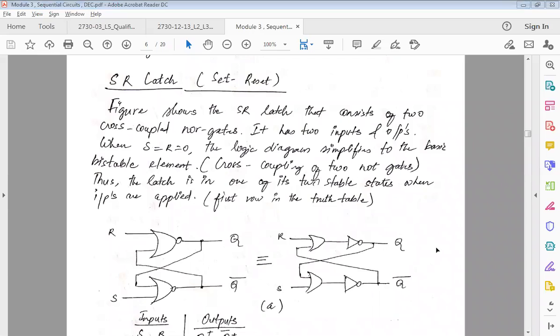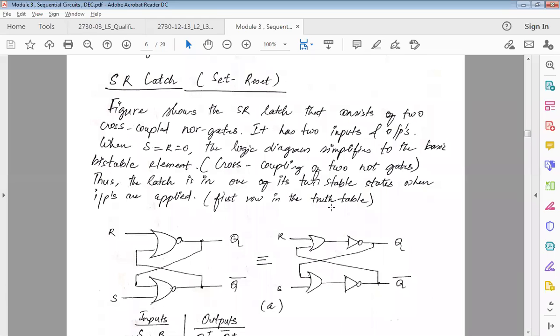It has two inputs and two outputs. When S and R both are 0, the logic diagram simplifies to the basic bistable element, that is cross-coupling of two NOT gates. Thus, the latch is in one of the two stable states when inputs are applied.